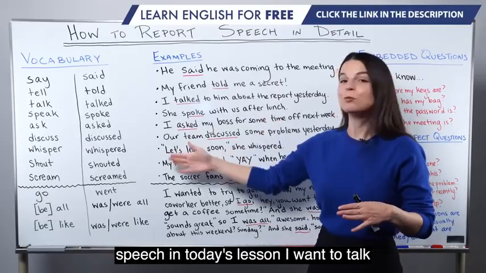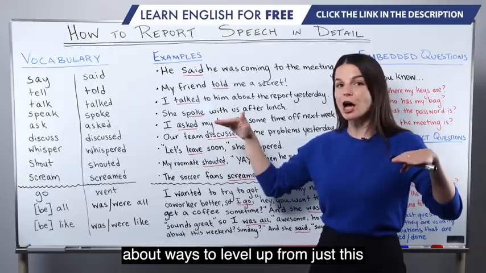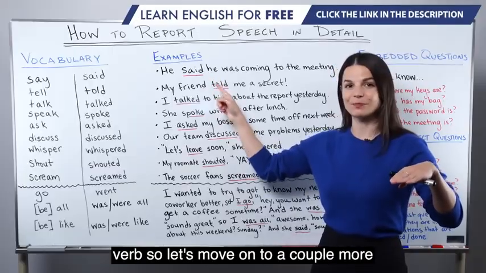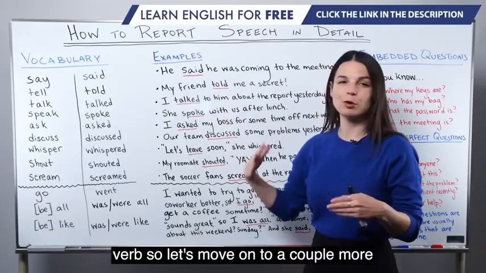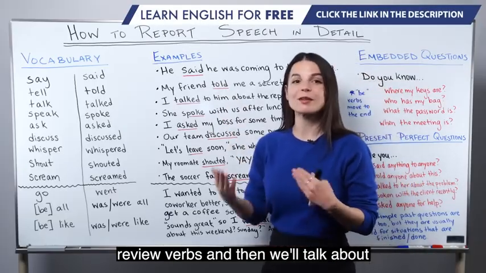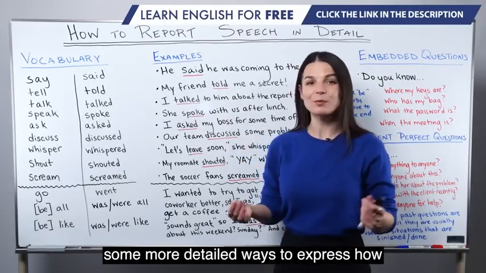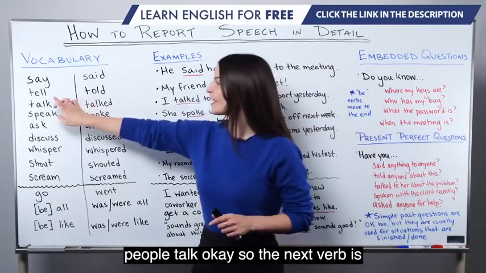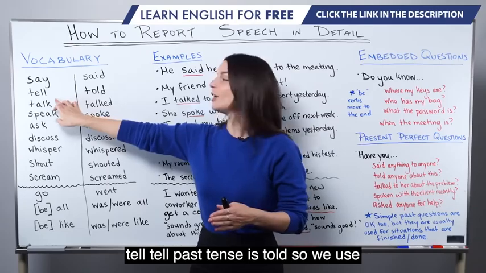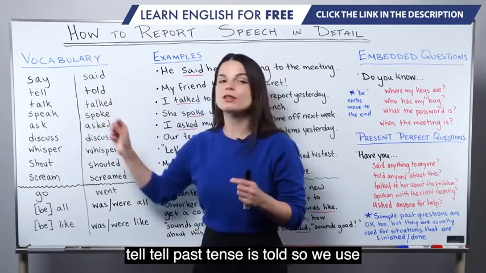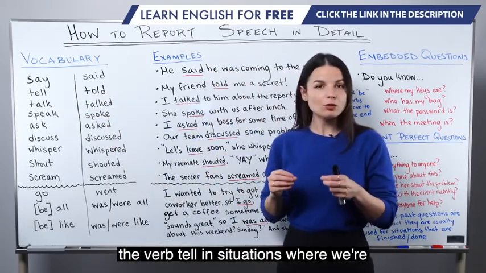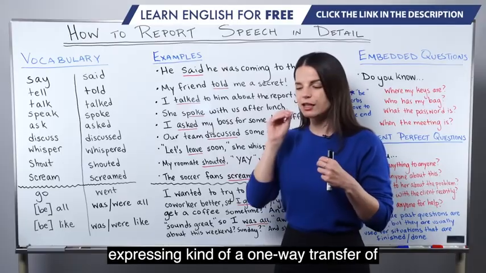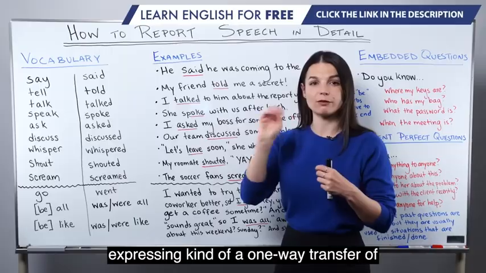In today's lesson, I want to talk about ways to level up from just this verb. So let's move on to a couple more review verbs, and then we'll talk about some more detailed ways to express how people talk. Okay, the next verb is tell. Past tense is told. We use the verb tell in situations where we're expressing a one-way transfer of information.